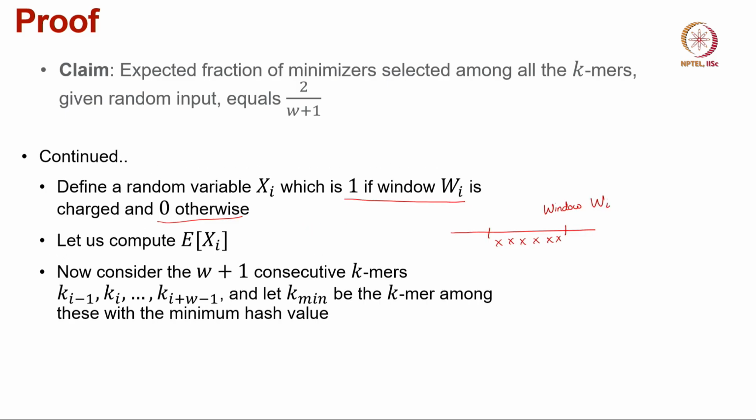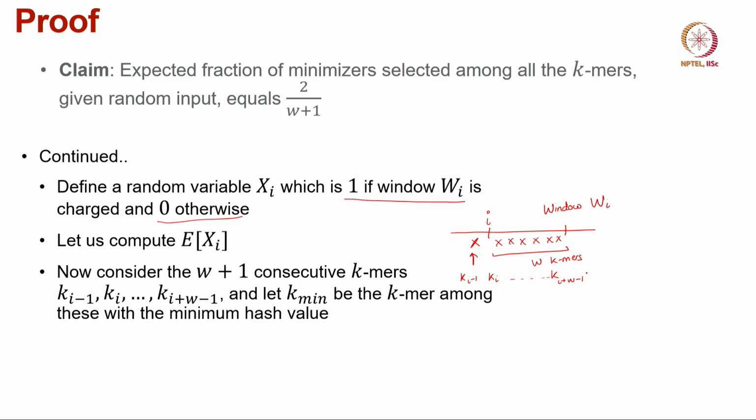Now I am going to consider w plus 1 k-mers, which means I am also going to consider the k-mer just before the window. So, these are the w k-mers and this is the additional k-mer that I am going to consider. If this is position i, then this is ki minus 1, this is ki, and all the way to ki plus w minus 1.